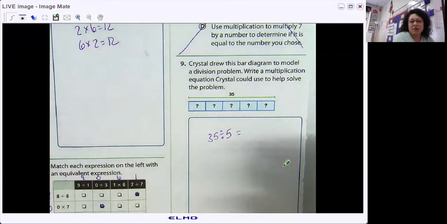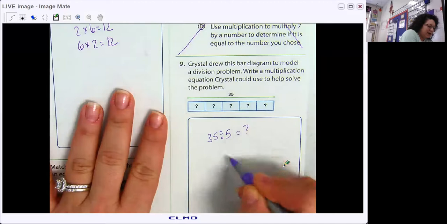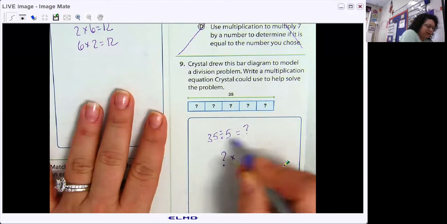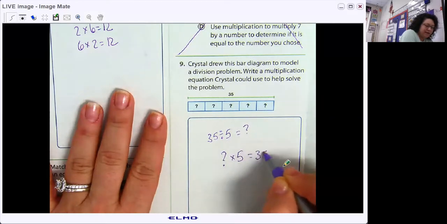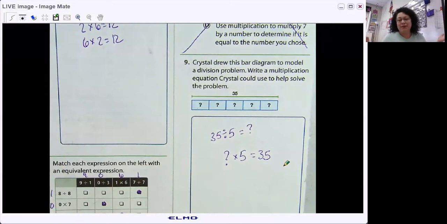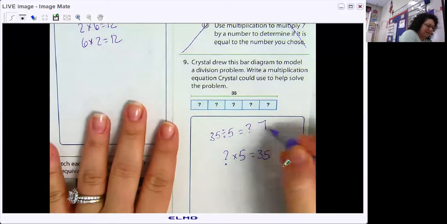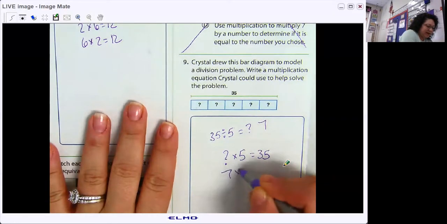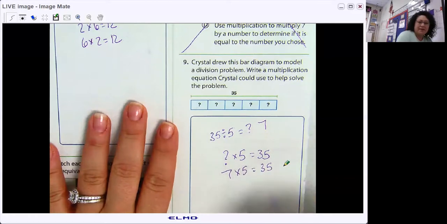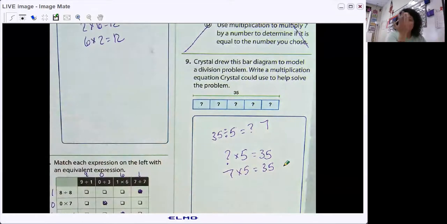And it says write a multiplication problem. So we would know question mark, working backwards, times 5 is 35. Simple. 5, 10, 15, 20, 25, 30, 35. 7, right? 7 times 5 equals 35. Or 5 times 7 is 35.